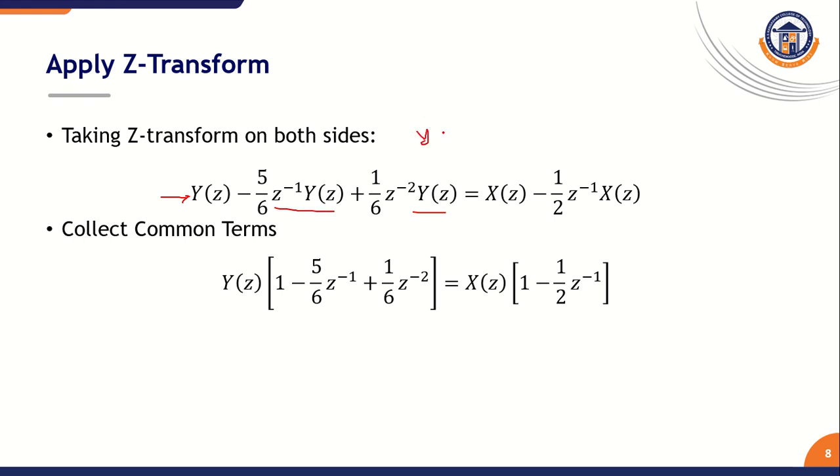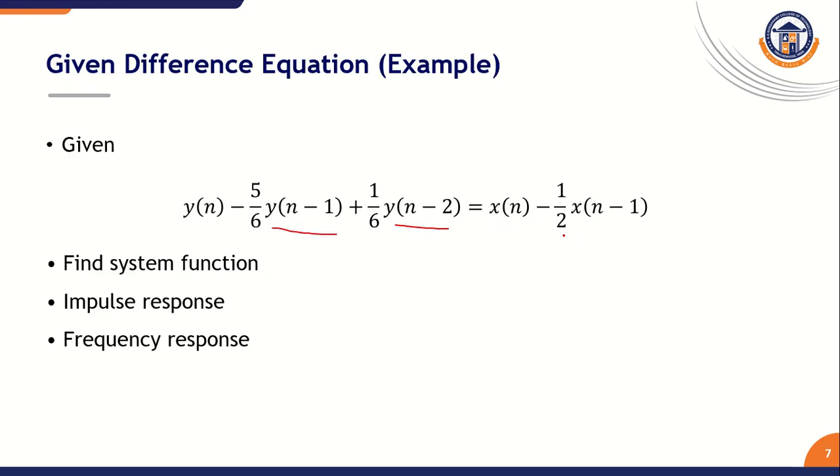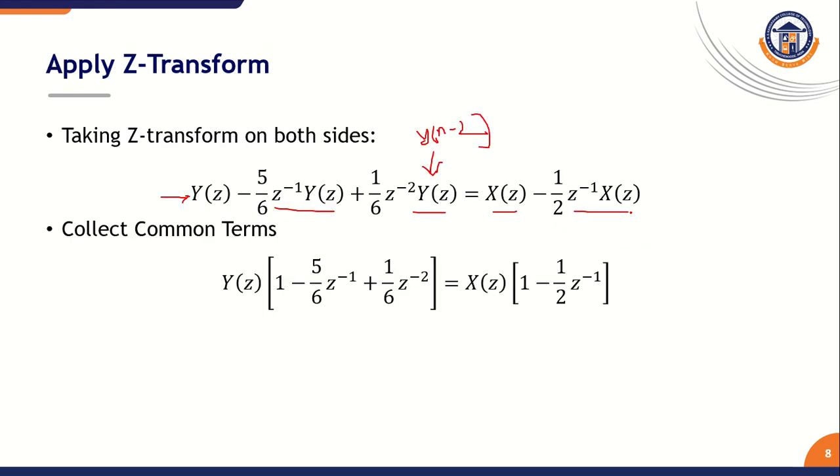So y of n minus 2 is transformed into z power minus 2 into capital Y of z, equal to capital X of z minus 1 by 2 z power minus 1 into X of z, because in our given expression, 1 by 2 into x of n minus 1 is written like this.